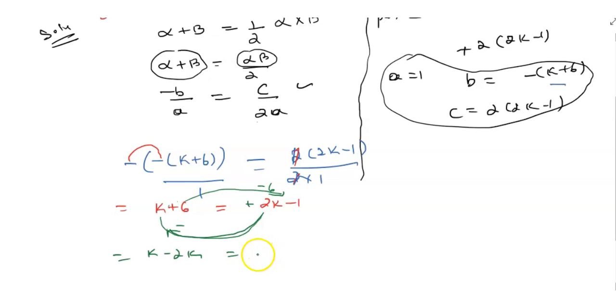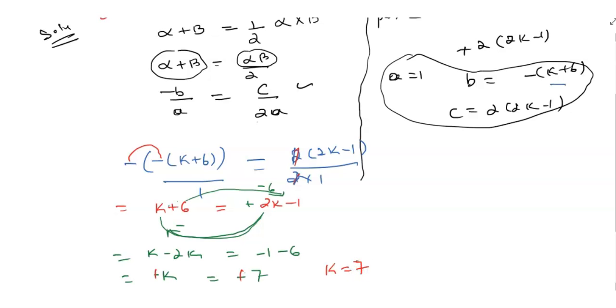So here I had minus 1, and once 6 comes, that will also be minus 6. Now 2k minus k is nothing but k, and the sign on the bigger value is minus, and it is minus 7. So this minus cancels out. I am going to get k is equal to 7.